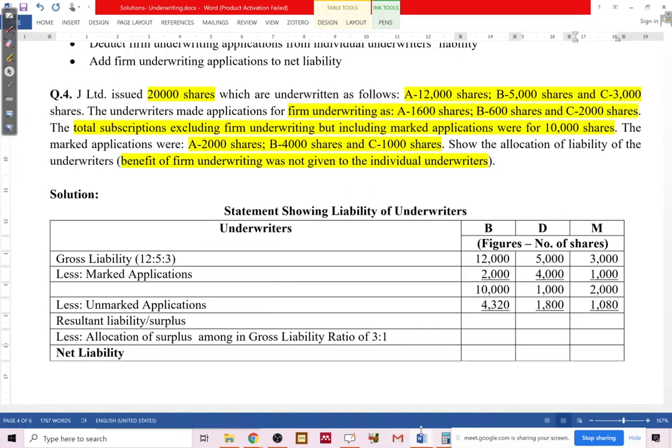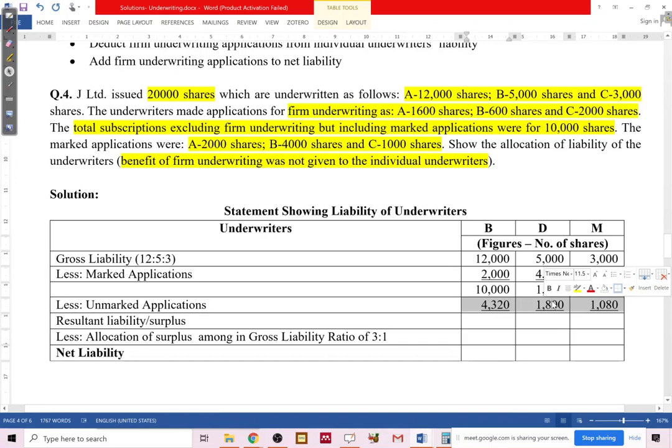Done? So what we have done here is, once again, we have taken the firm applications of all the underwriters and mixed them up with the unmarked applications. Instead of giving them individual benefit, like an individual credit, where you sold that many and we minus that many from your account, we have mixed it up with the unmarked and distributed it in the gross liability ratio.